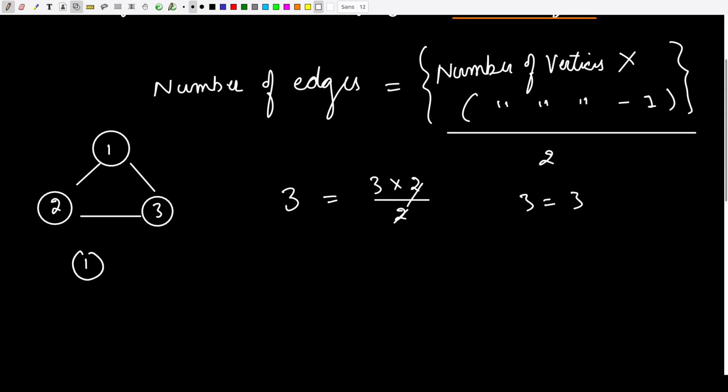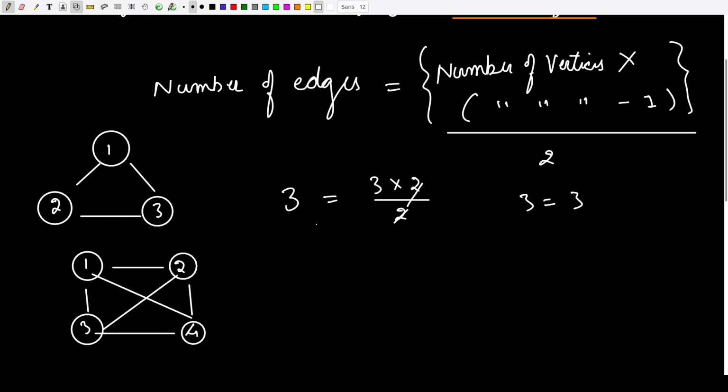Similarly, if you take a graph with 4 vertices and the graph is fully connected, then the number of edges is 1, 2, 3, 4, 5 and 6. So the number of edges over here is 6, which equals 4 into 3 divided by 2, which equals 6. So this is the relationship between the number of edges and the number of vertices.